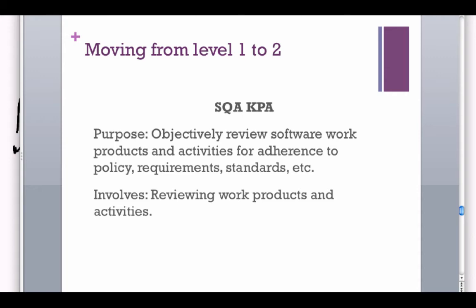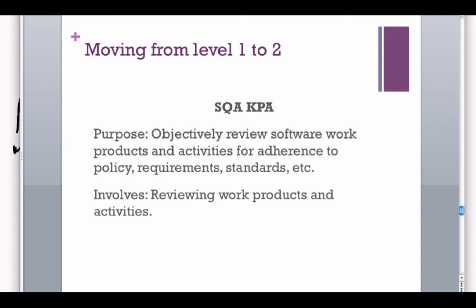And this involves this independent body, this independent group called SQA, to review work products and activities. So the SQA doesn't only examine the work product, it doesn't only look at the code, but it also looks at are the developers adhering to the process. Okay.